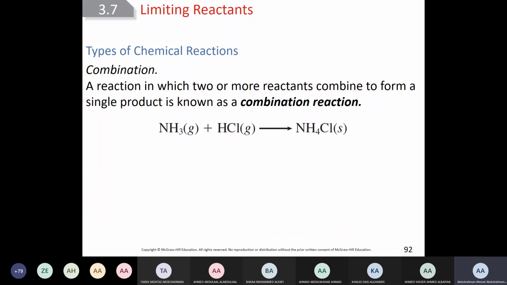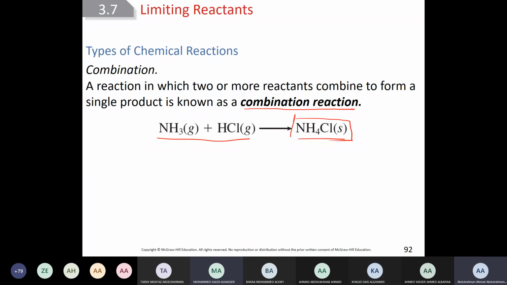Very good. Now, very simple words. I want you just to know the meaning of what we call this type of reaction. We call it combination. You're combining this one with this one to make one product out of 2. Memorize the name.